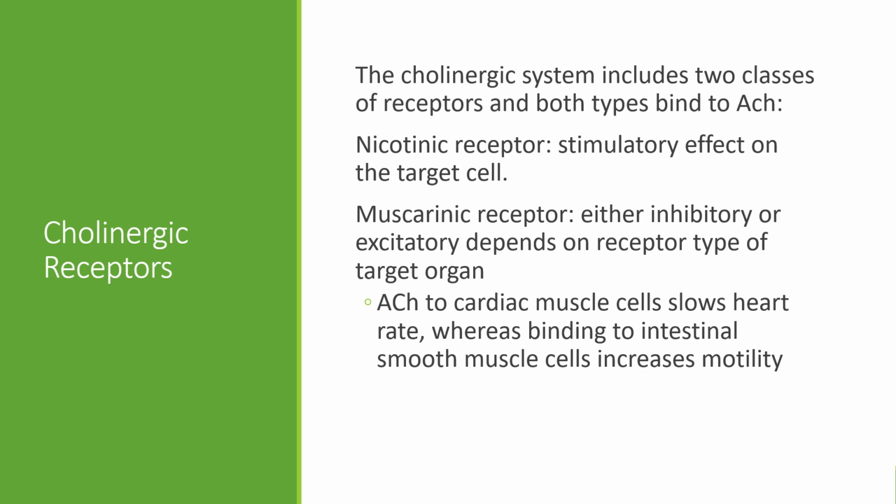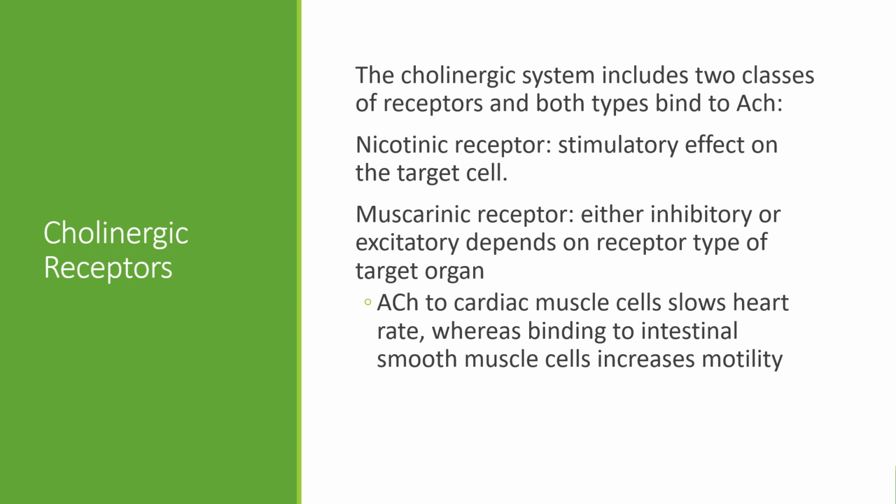A nicotinic receptor, which is stimulatory in its effect on the target cell, or a muscarinic receptor, which is either inhibitory or excitatory, depending on the receptor type at the target organ. Acetylcholine, for example, to cardiac muscle cells actually slows the heart rate. We saw acetylcholine in the skeletal muscle, and it sped up the process, right?